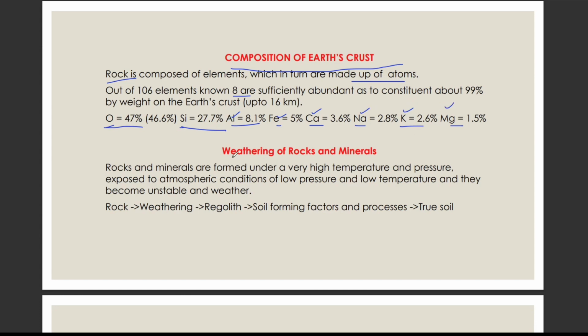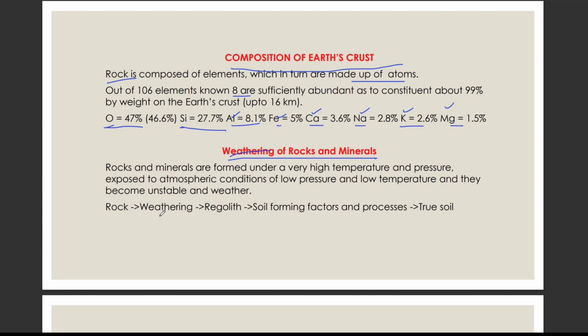After that we have the weathering of rocks and minerals. Rocks and minerals are formed under very high temperature and pressure, and when exposed to atmospheric conditions of low temperature and pressure, they become unstable. So rocks are turned into regolith.